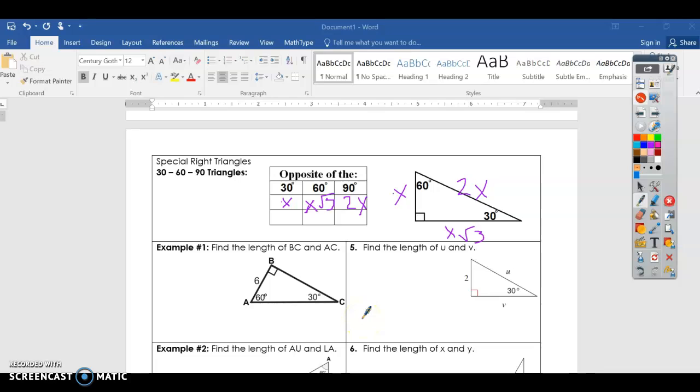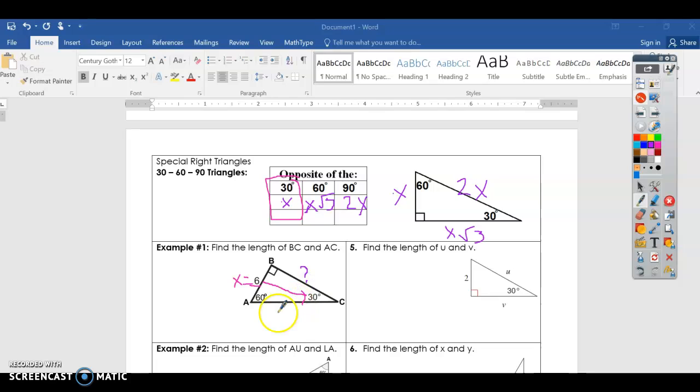Okay, so let's use that method to find the length of BC and AC. They give us 6, and if we look across, 6 is across from 30 degrees. So opposite of the 30-degree angle is x. I'm going to look for BC first, so I'm looking for this side right here, and I'm just going to put a little question mark in purple there.